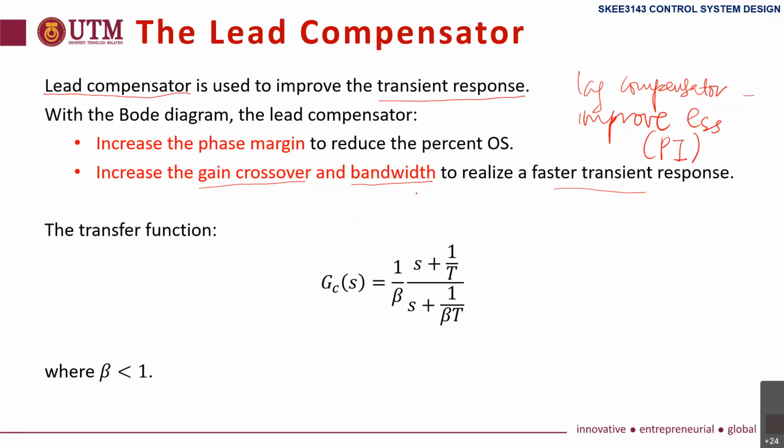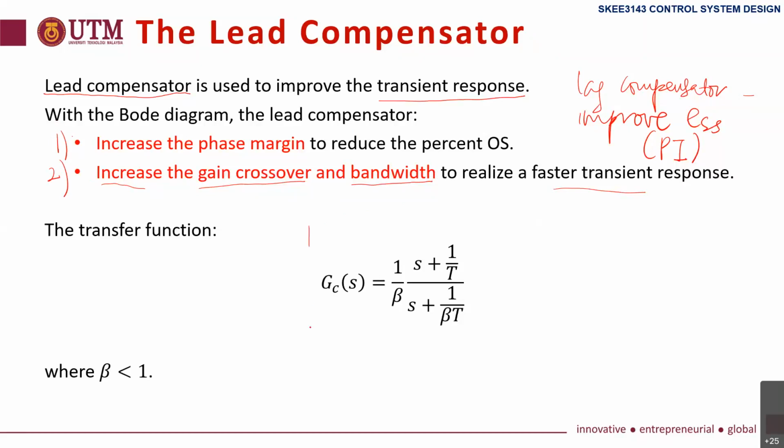Higher bandwidth will give a faster response. So the lead compensator will also increase the gain crossover frequency and thus the bandwidth of the system. So we can achieve both number one and number two by using the lead compensator.